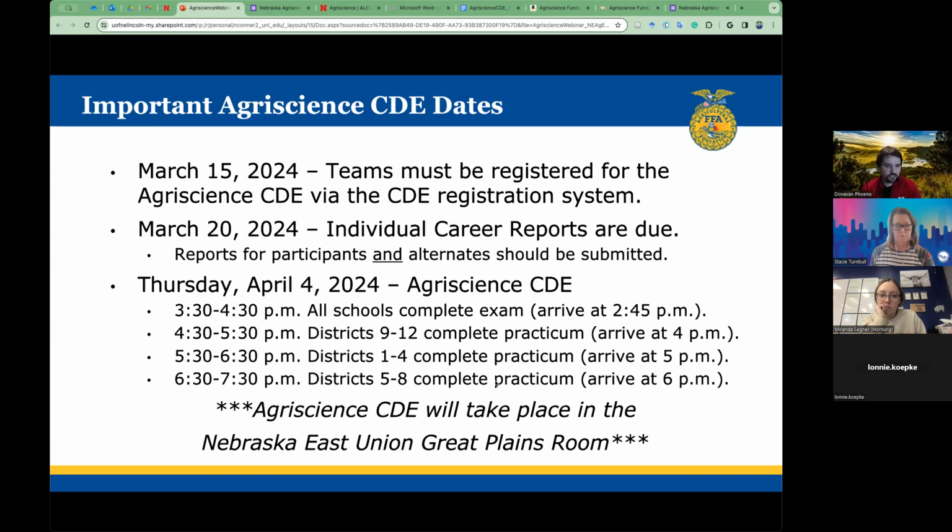And then based on your district, all the times are shuffled in here in 3 different waves. The CDE is going to take place in the Nebraska East Union Great Plains room, right there on East Campus. It's a large room. We'll be rotating the room in between the shifts to make use of it for the written exam, but then also for the dissection and the practicum.